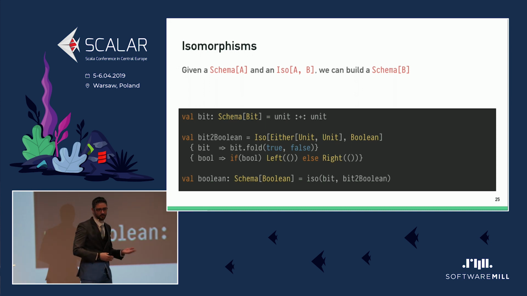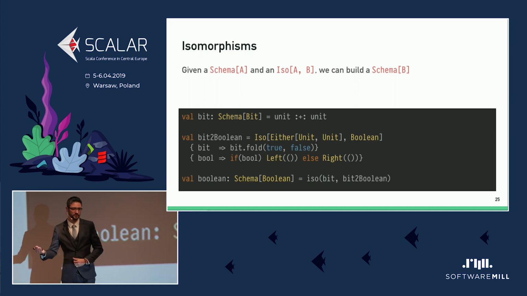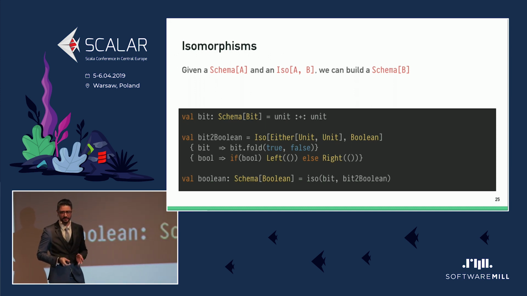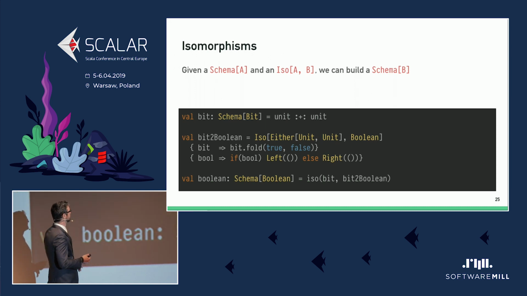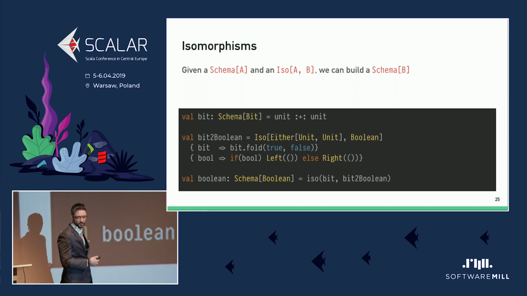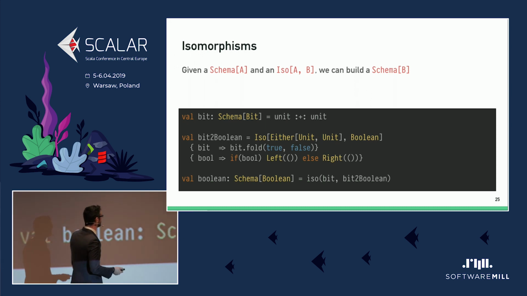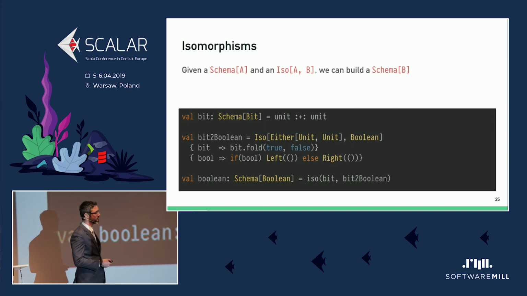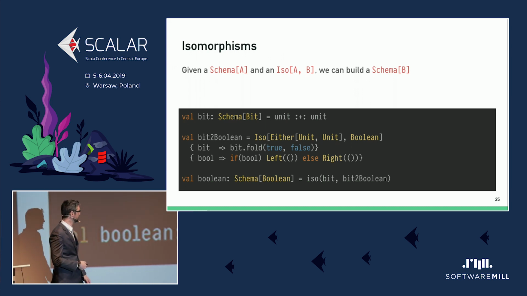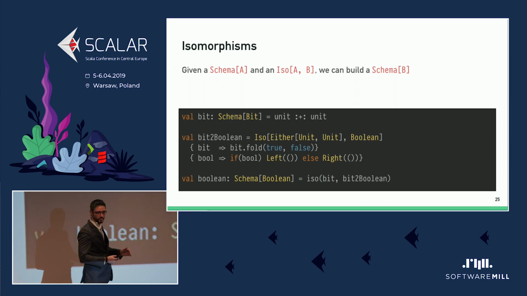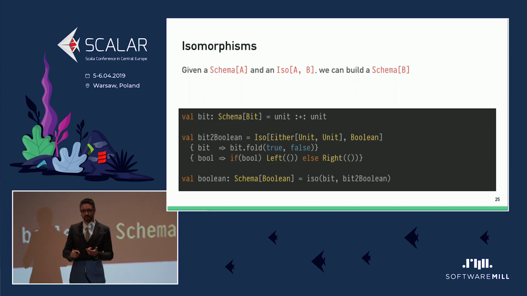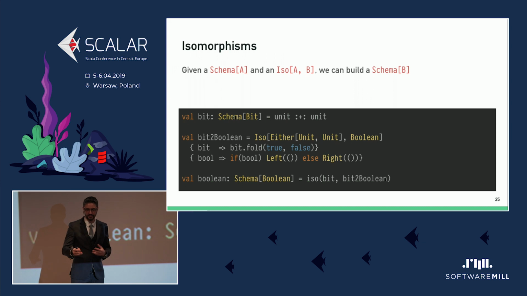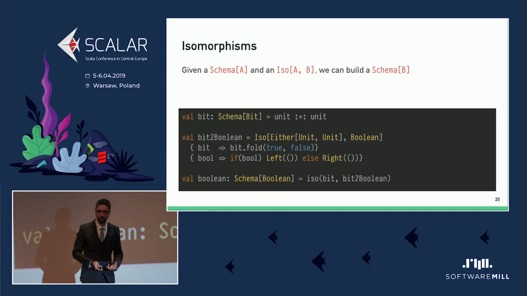So schema of A plus iso AB gives you a schema of B. And in an imaginary library where we can define schemas, let's say this is the schema for either unit. Then you just plug onto it an isomorphism from either unit to Boolean, and boom, you have a schema for Boolean. So using unit, sum, product, and isomorphism, we have all we need to represent any data type in a convenient way, almost.